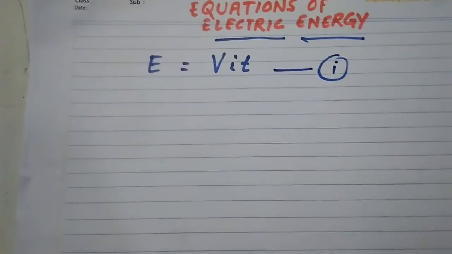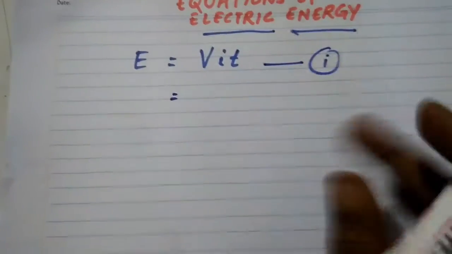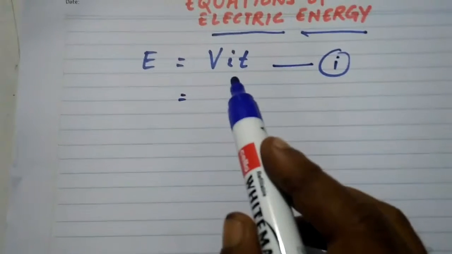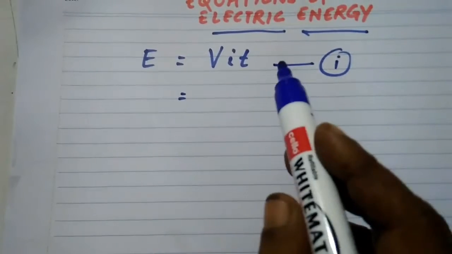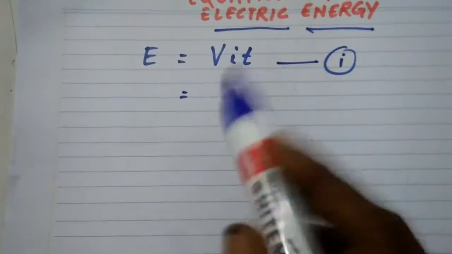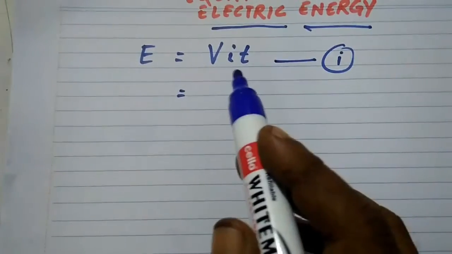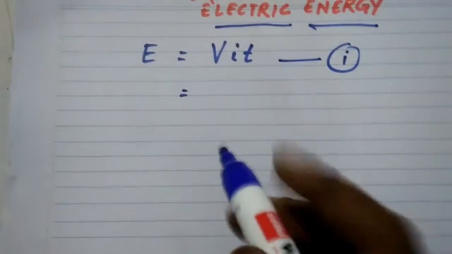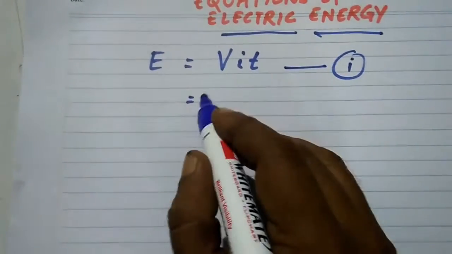Similarly, from this equation we can find another equation wherever we need. Suppose we don't have the potential difference or I or T, so we can change the formula and put some other values in place of these.